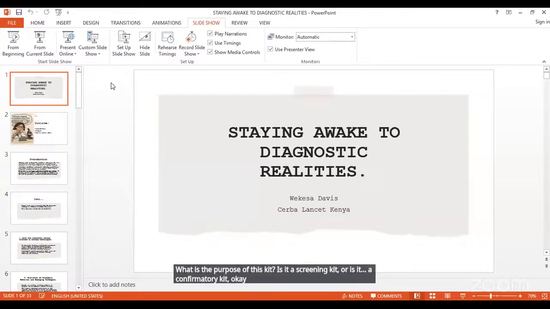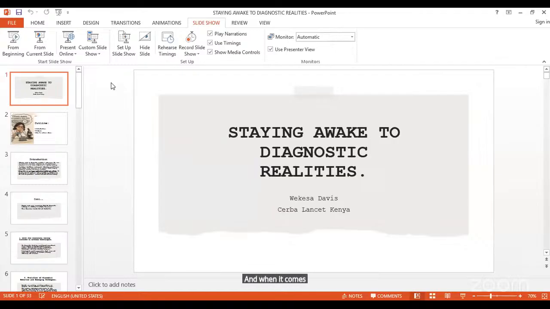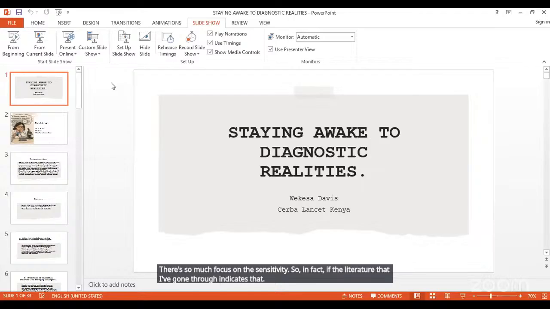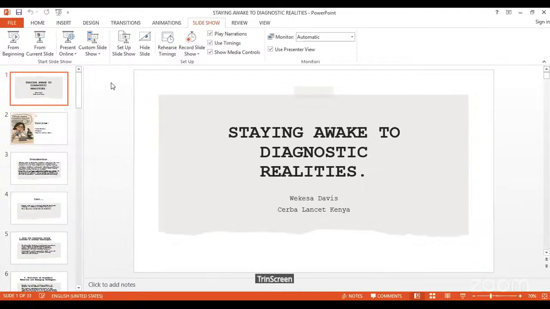Okay. And screening kits are so much focused on the sensitivity, okay? The ability to pick positive outcomes. In fact, the literature that I've gone through indicates that Trinscreen is a highly sensitive kit, almost 100%.